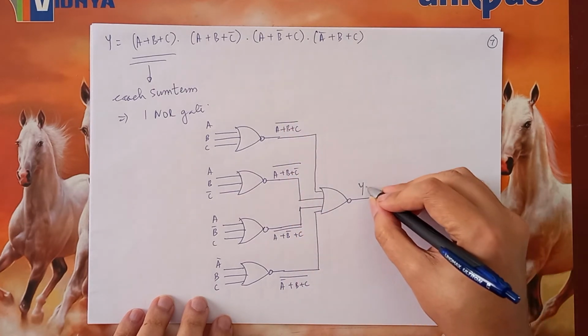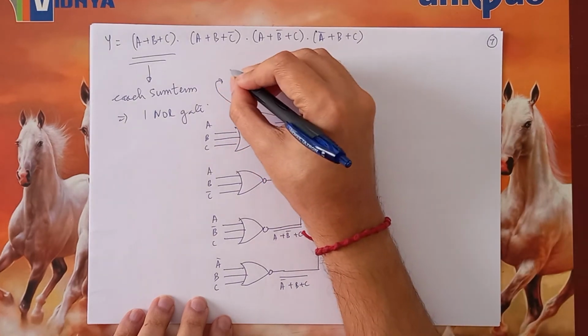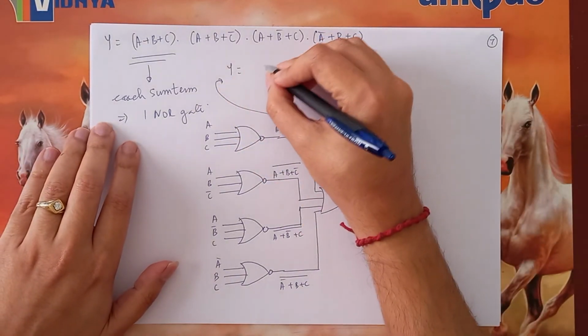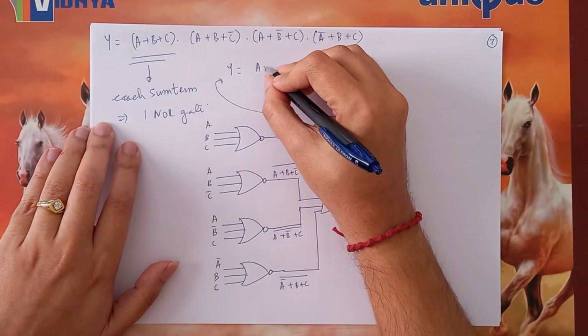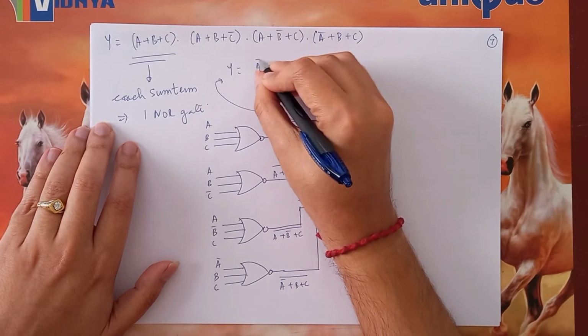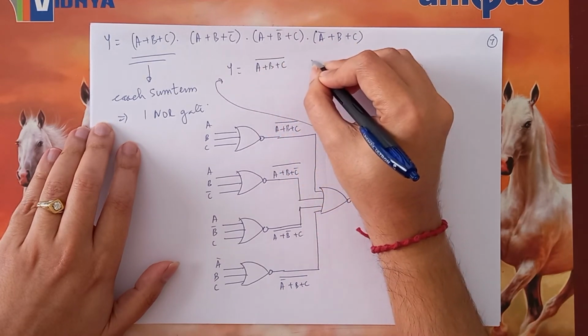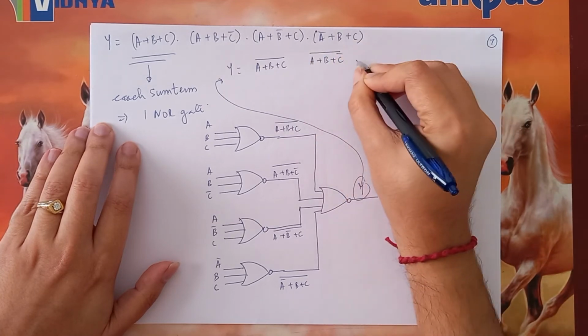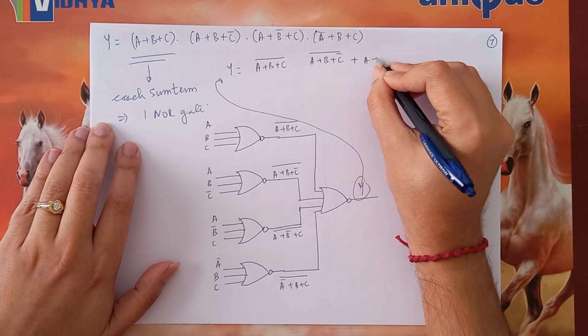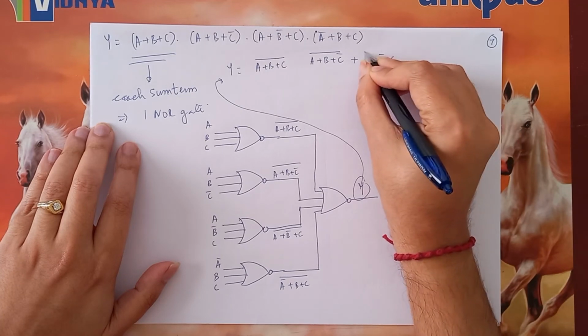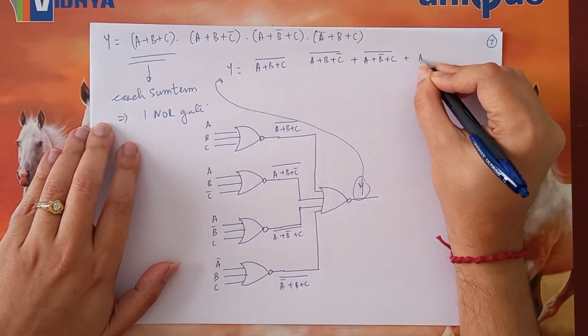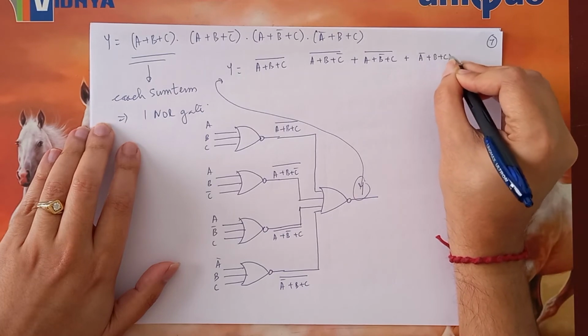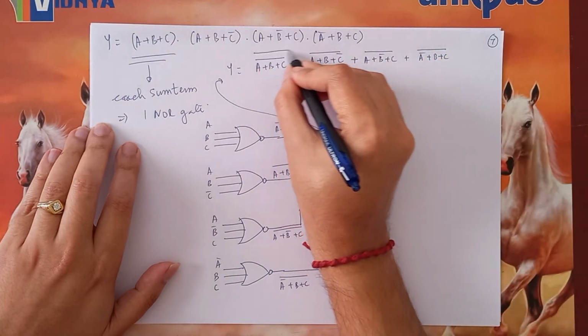So therefore, what you will get for this Y, so Y will be equal to the whole bar.